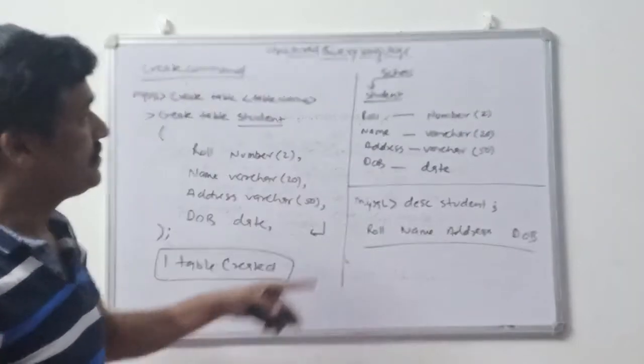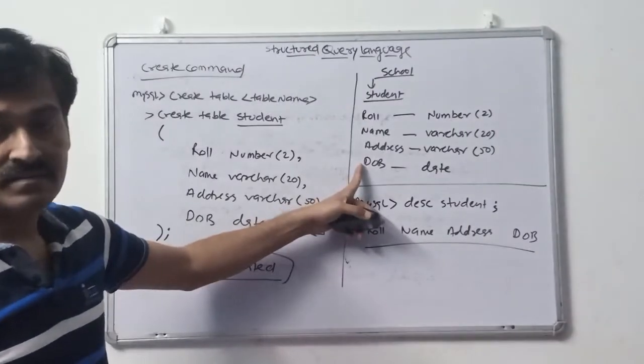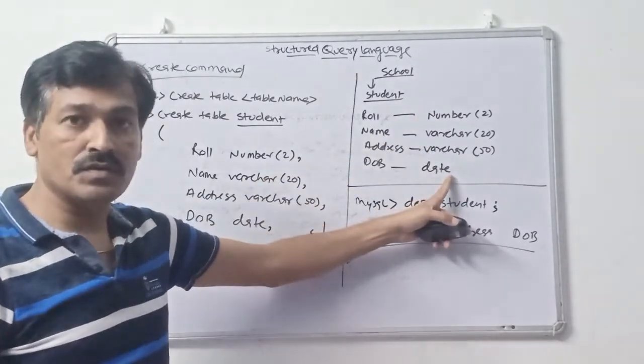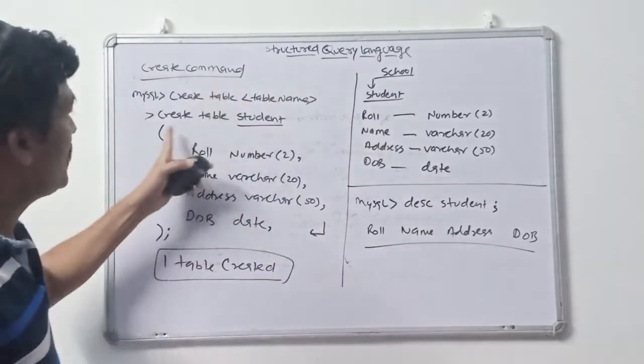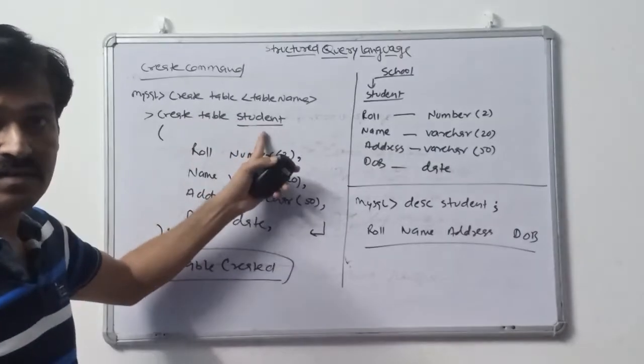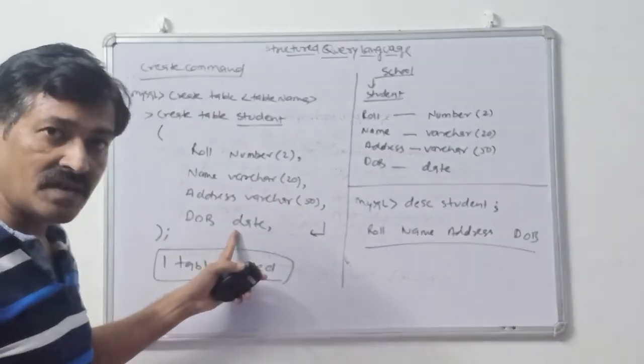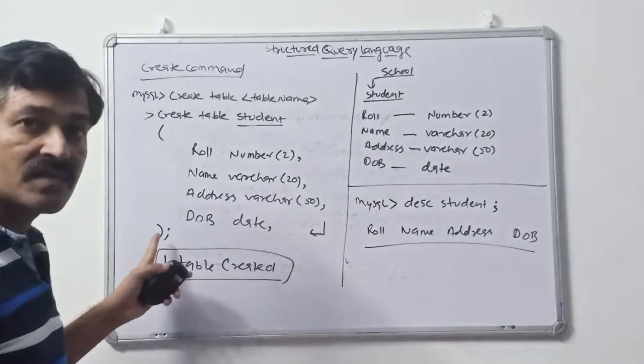So what do we need to do? First, we have to plan the table, the attributes of the table, the data types to be used in the table. Then we use the create table command, create table student, table name, the attributes of the table terminated by semicolon.